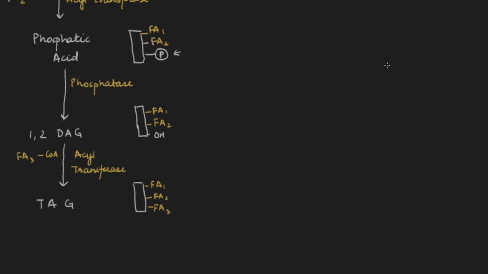There is a third pathway called the monoacyl glycerol pathway, and this takes place in the intestine. Here, what is happening? Fats are being acted upon by lipase to form fatty acids and monoacyl glycerol.